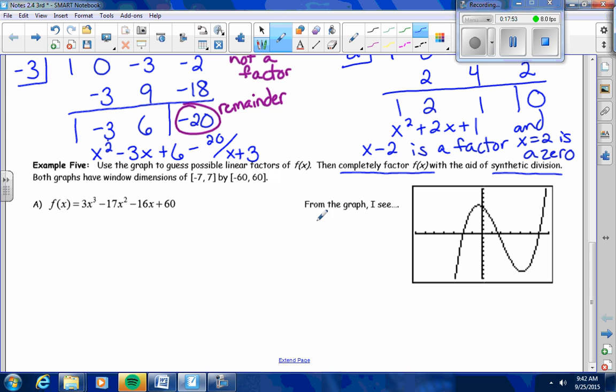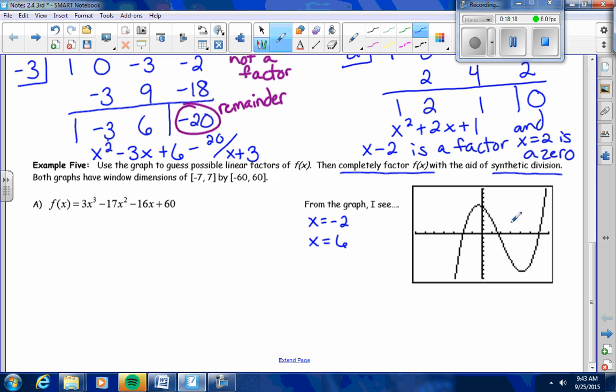So from the graph, I see x equals -2. What else do I see? X equals, what number is that out there? 6. 6. And what else? Oh gosh, okay, so that's kind of in between x equals 1 and 2.